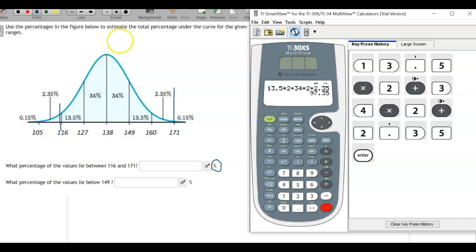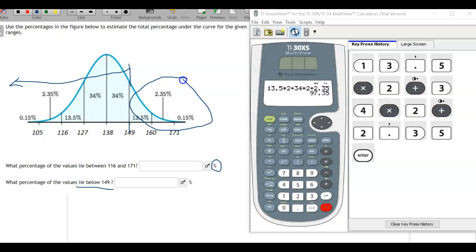Now, notice that we've got the part B here, is to find the percentage of values that lie below 149. So 149 is right here. So two ways of doing this is we could add all these numbers, the 34s, the 13.5, 2.35, and 0.15, all those percents, or we could just take these three values and subtract them from 100 because 100% of the values lie underneath this curve.